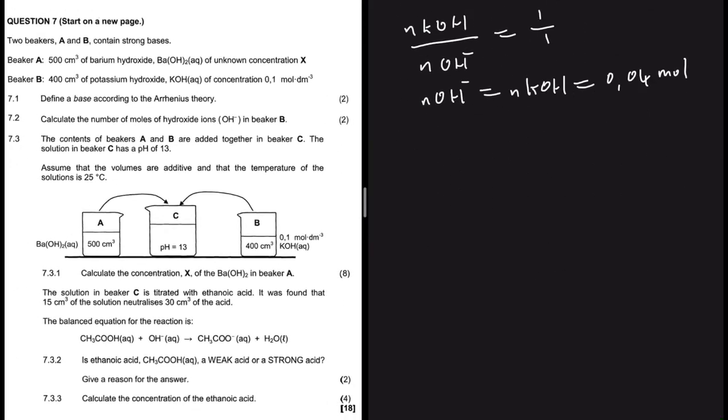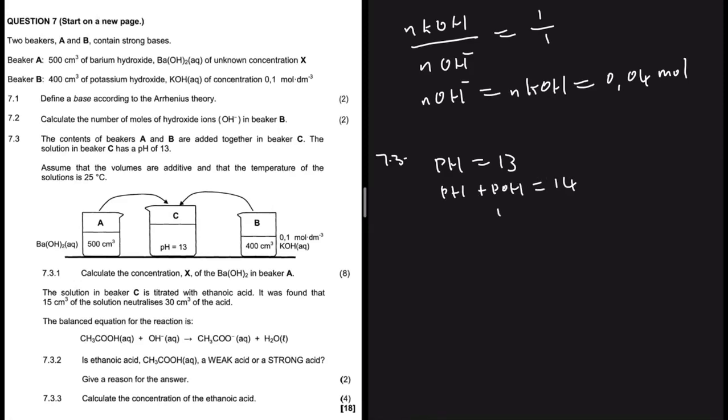And then moving ahead, we have 7.3, which says the contents of beakers A and B are added together in beaker C. The solution in beaker C has a pH of 13. So we have pH equals 13. Before we go any further, we can determine the pOH, because we know that pH plus pOH equals 14.